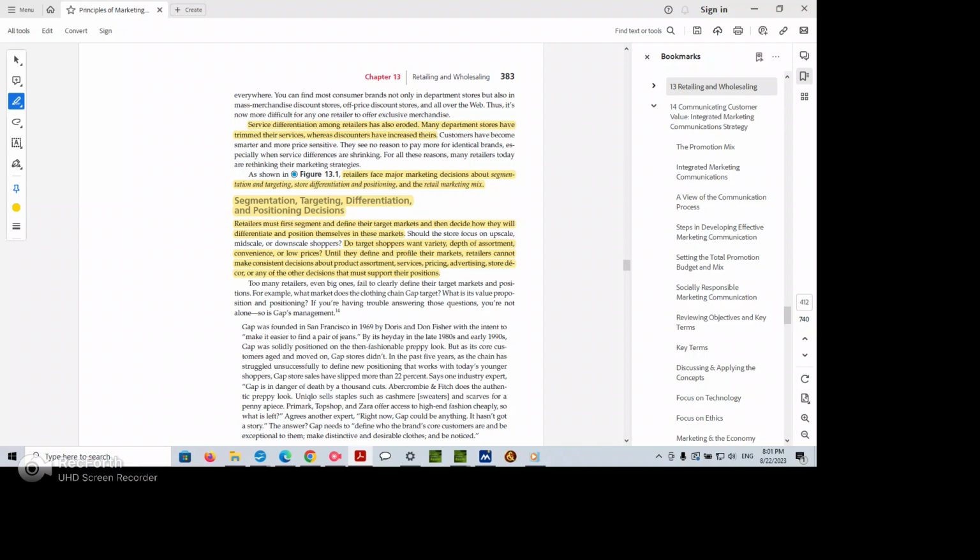What your value proposition is, that will be your positioning. Now, too many retailers, even big ones, fail to clearly define their target markets and positionings.